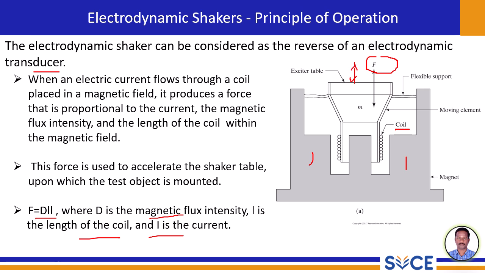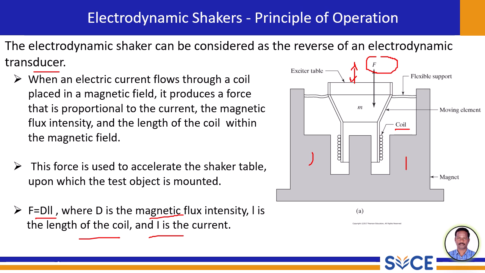This relationship between generated force and the electrical parameters is expressed in this equation, that is F equal to B times I multiplied by L, where B is the magnetic flux intensity, L is the length of the coil, and I is the current.